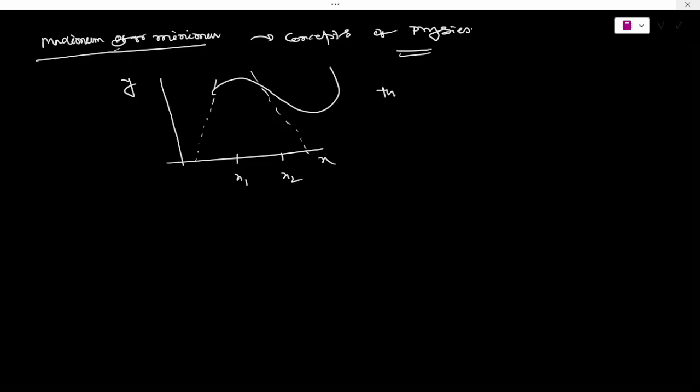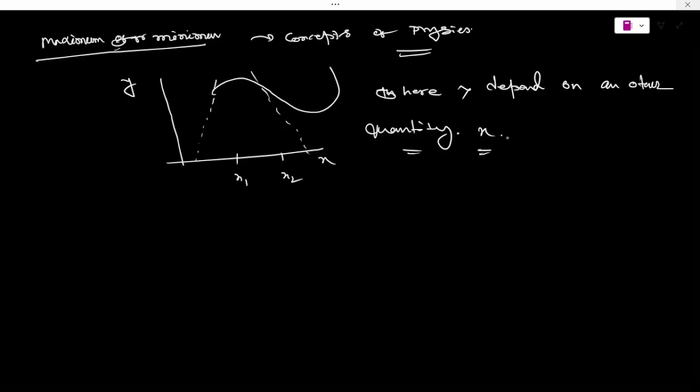Suppose the quantity y depends on another quantity x.